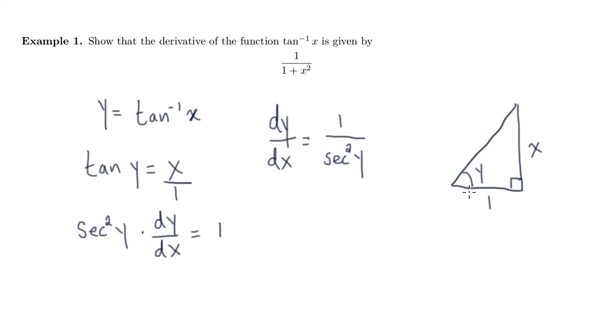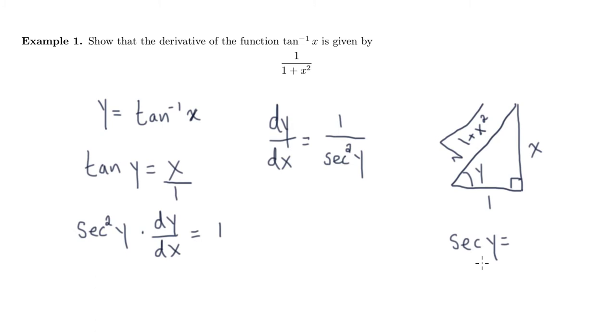But then just applying the Pythagorean theorem, we know that 1 squared plus x squared should be the hypotenuse squared. Or in other words, the hypotenuse is the square root of 1 plus x squared. Now we can find all of the trig ratios. But the one we're interested in is secant. We want to know what secant of y is, or specifically what secant squared of y is. Secant is the reciprocal of cosine.